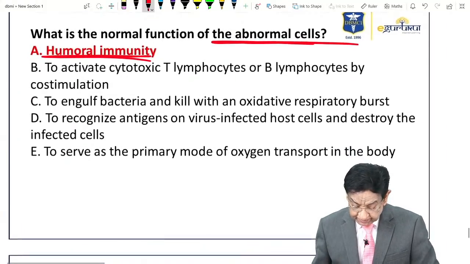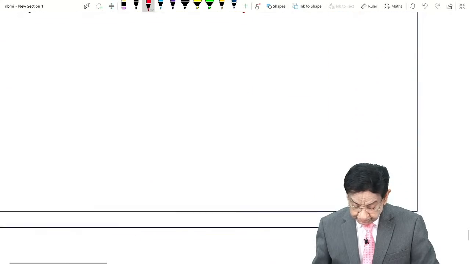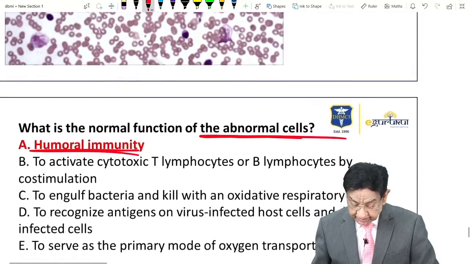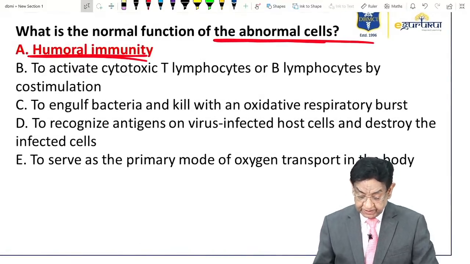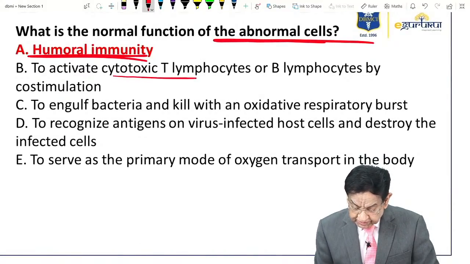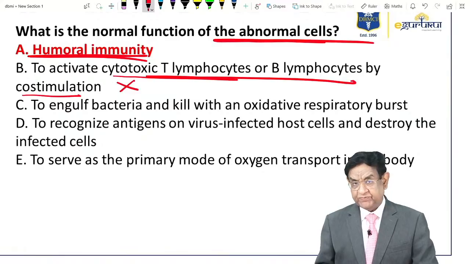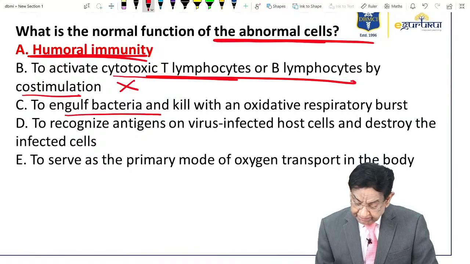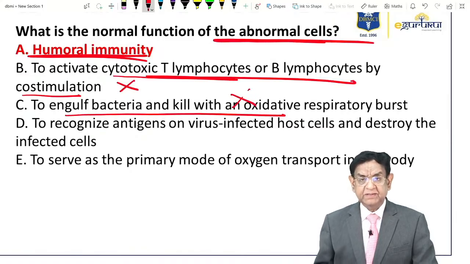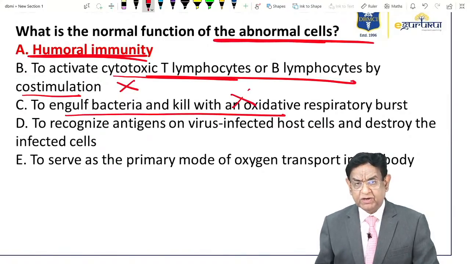So we are quite clear about it. Let's look into the other options. To activate cytotoxic T lymphocyte or B lymphocyte by co-stimulation, no way. It's not the function of a small lymphocyte. Engulf bacteria, no way. Small lymphocytes are not phagocytic cells.